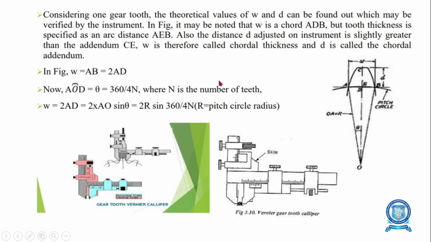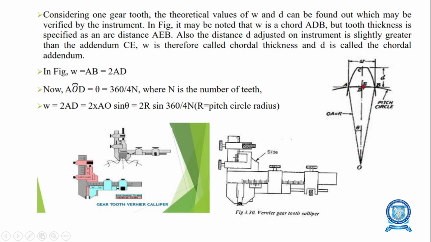As we saw in the figure, W is equal to AB, which is equal to 2 times AD.